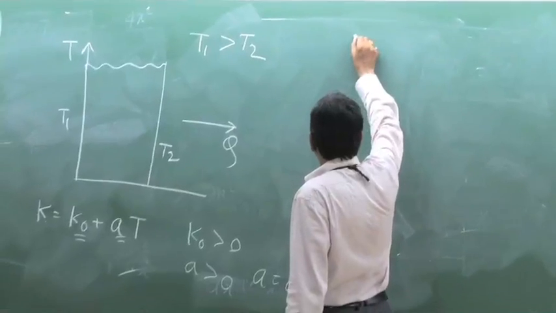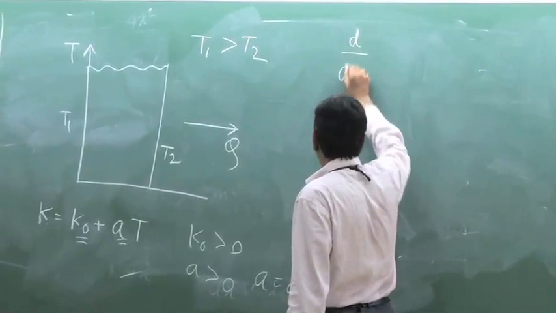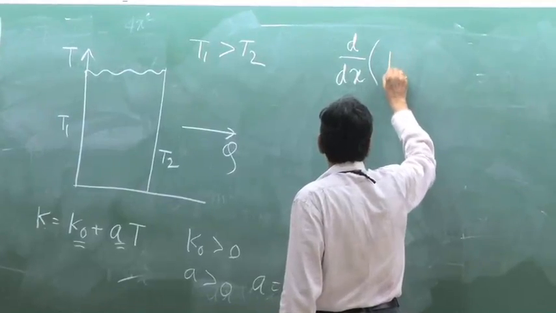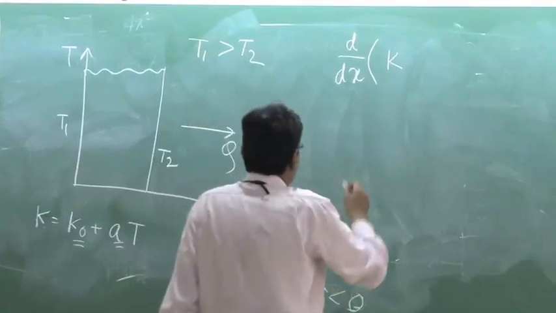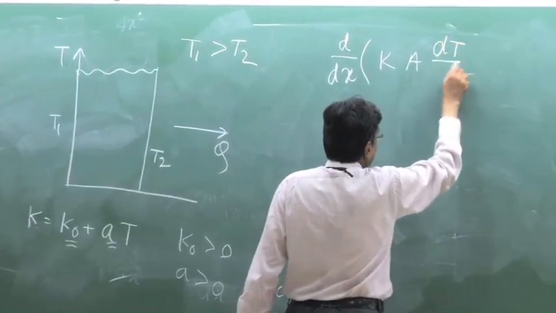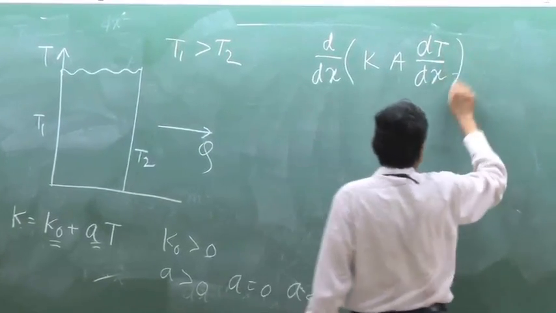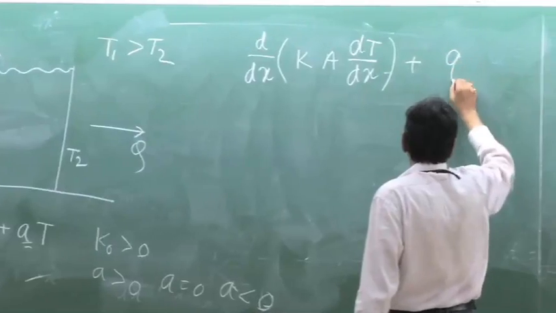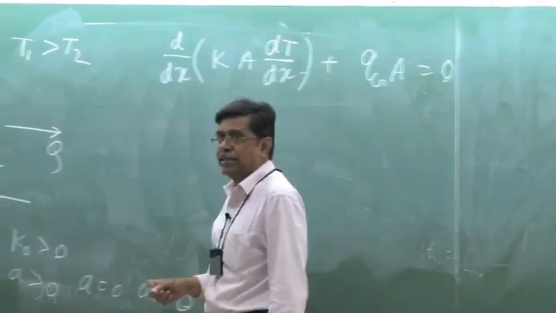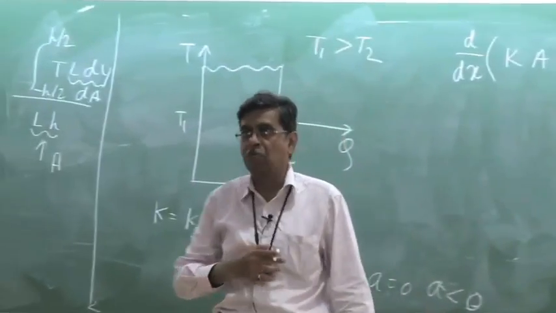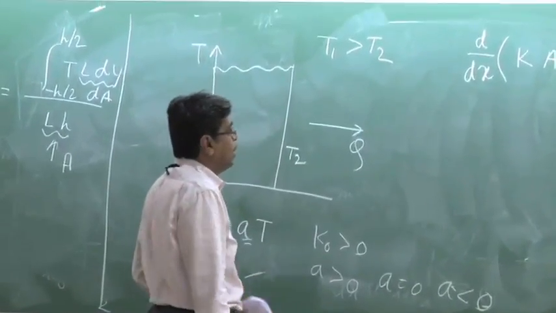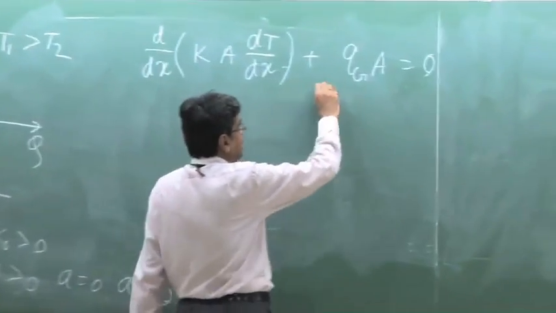It is always better that you start with this: d/dx of (K A dT/dx) plus Qg into A equals 0. You should always start from the most generalized form of the steady state one-dimensional heat conduction. When there is no heat generation, this is 0.